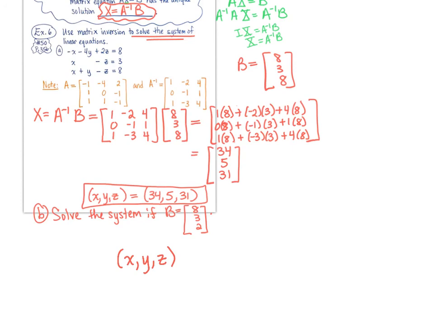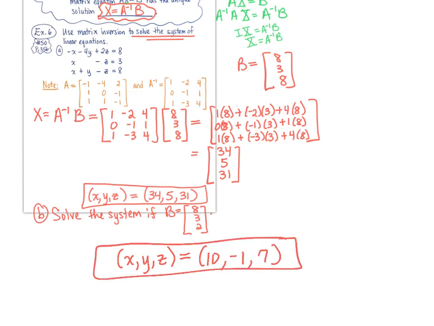Good, you get 10, -1, 7. Very good. That's what you get. Okay? Good job. So this concludes section 5.3 on matrix inversion.